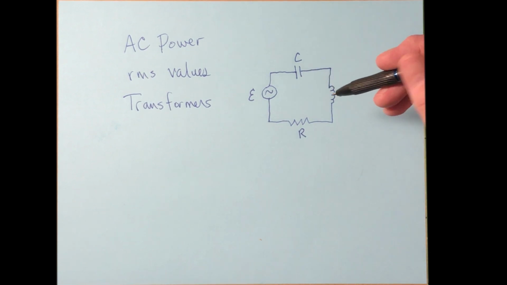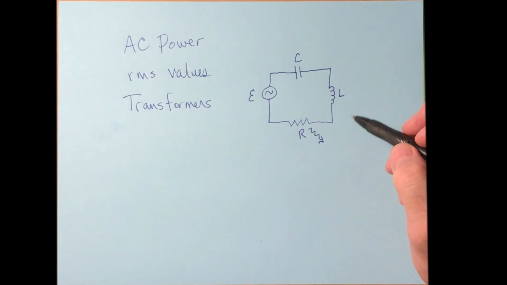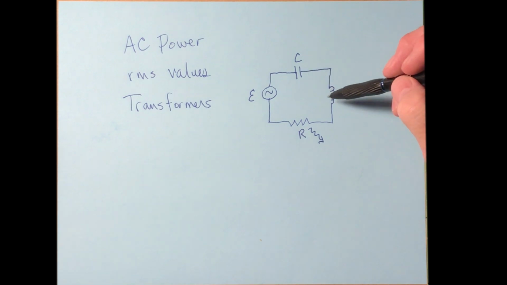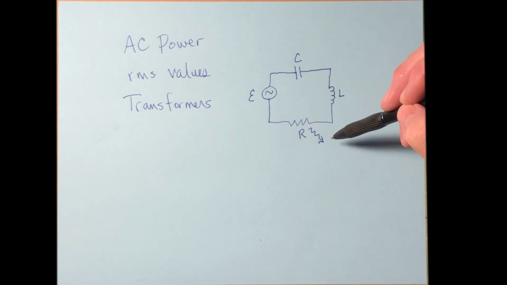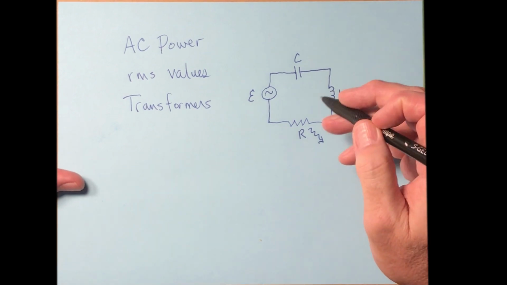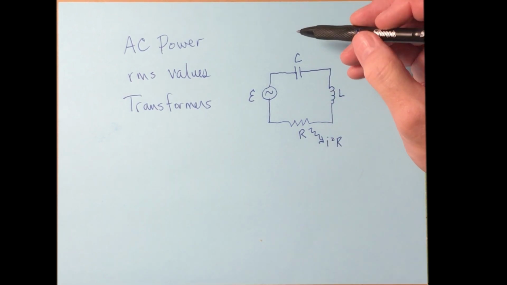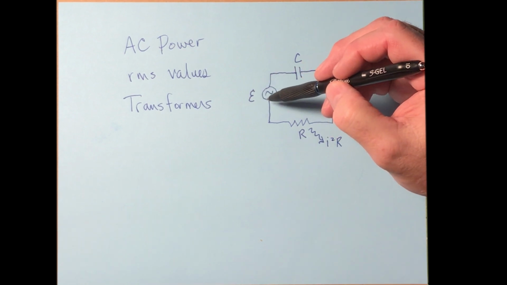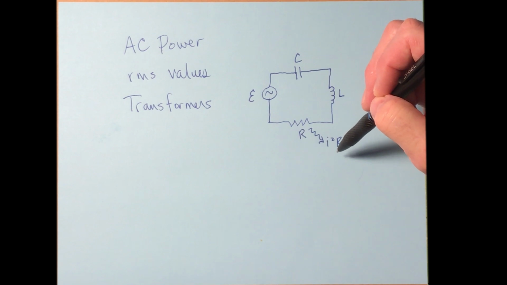And it gets dissipated away as heat by the resistor. So the LC is what causes the oscillation, and the R dissipates away energy. And it dissipates away that energy at a rate of I squared R. So the source is supplying the same amount of energy that is being dissipated away.